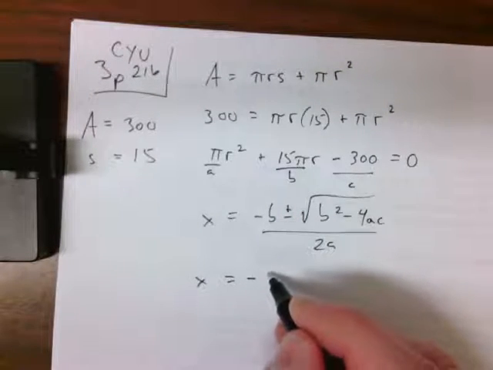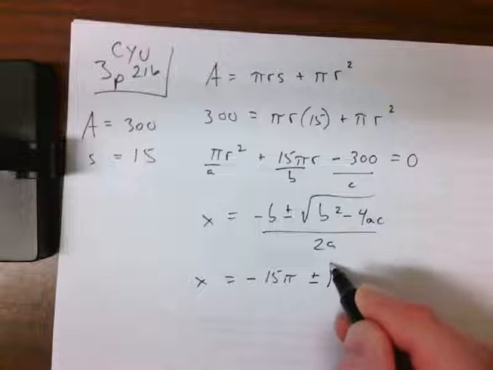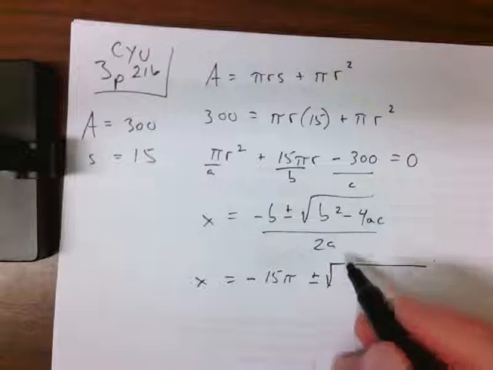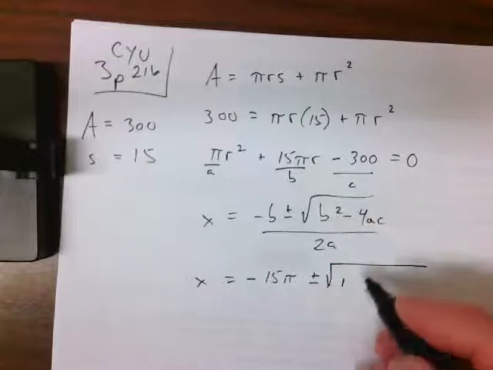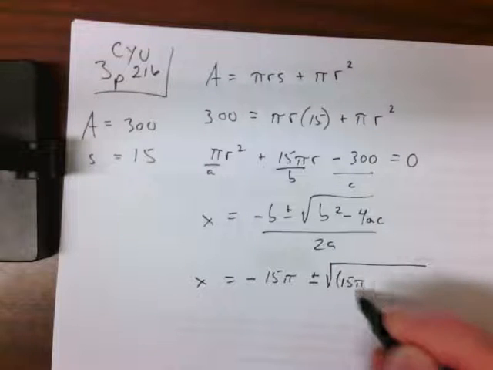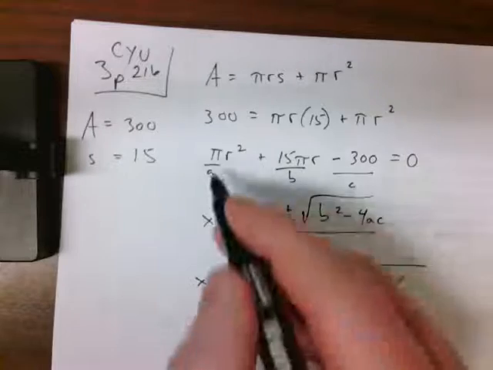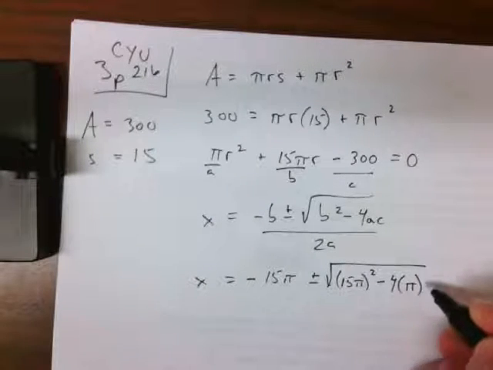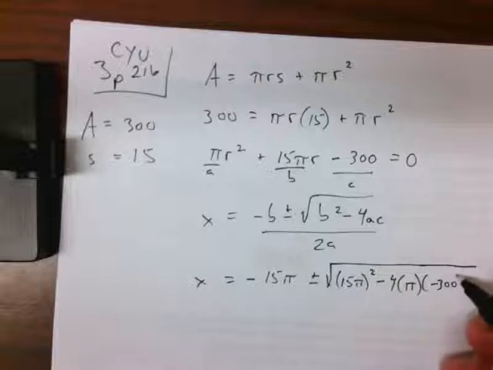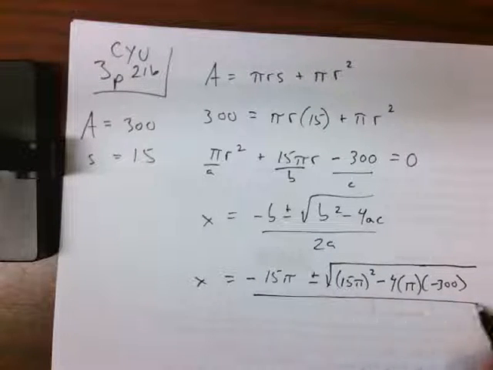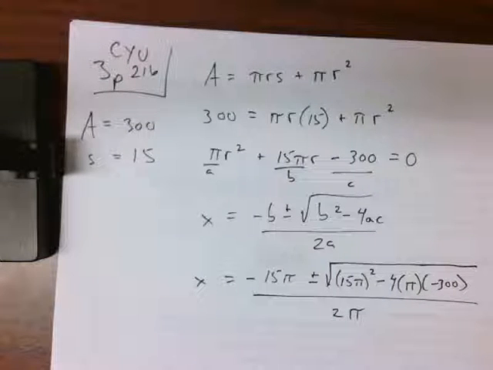So that's negative 15 pi plus or minus the root of b squared, which is 15 pi squared, minus 4 times a, which is pi, times c, which is negative 300. So this is a really comfortable number to work with. All over 2 times a, which is pi. Okay, we having fun yet?